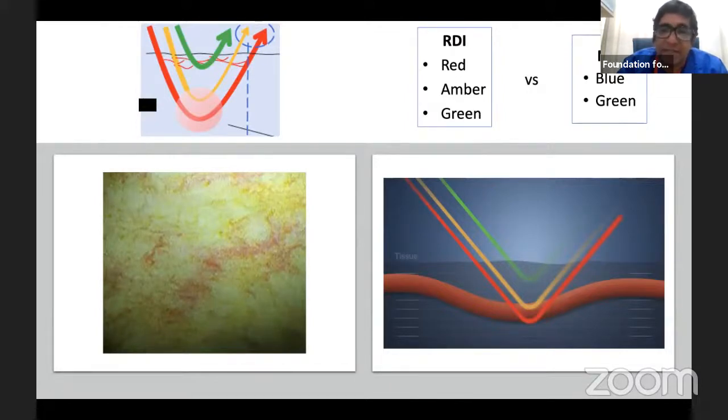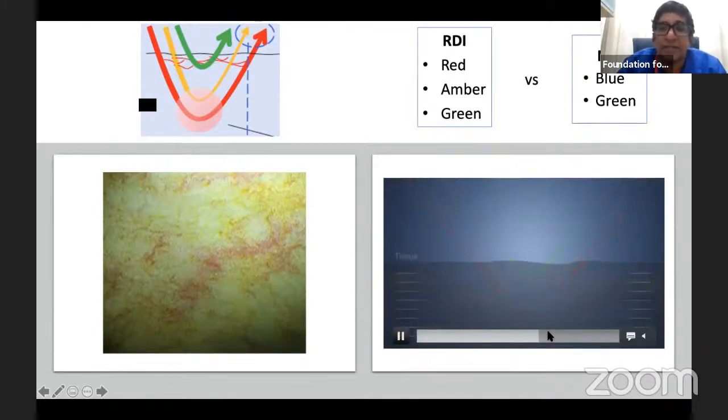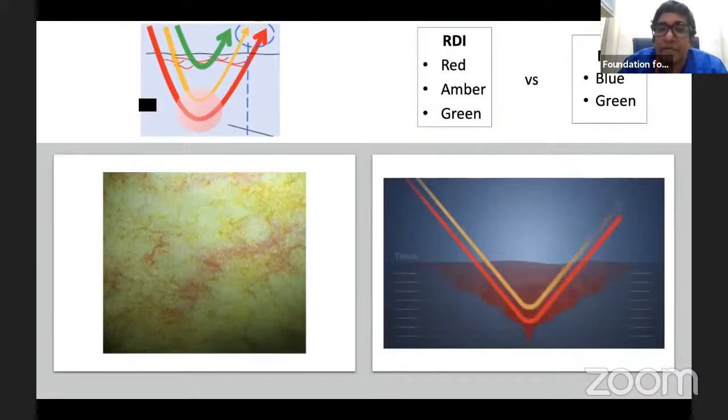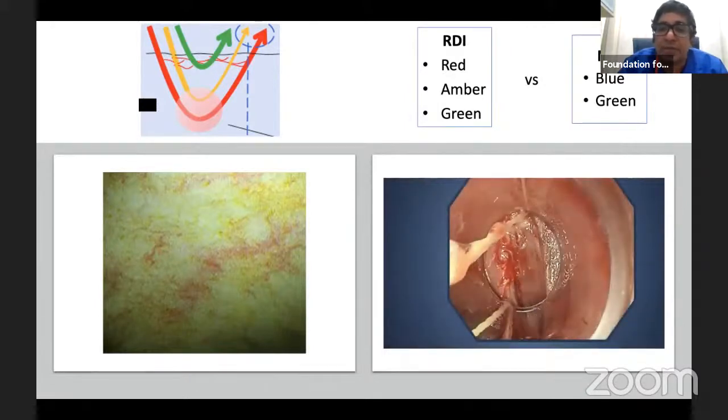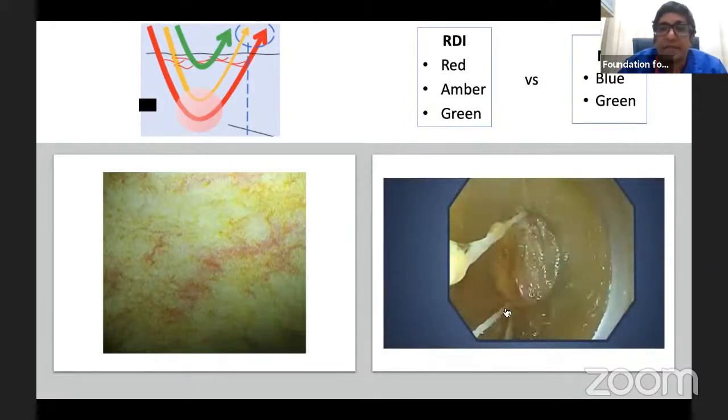And the second thing, a property of amber light, is that when the concentration of blood is excessive at one place, it gets absorbed more compared to where the concentration is less. So suppose you are doing an ESD, and there is a pool of blood, an actively bleeding oozing point, where the amber light is absorbed, while in the periphery it doesn't get absorbed.